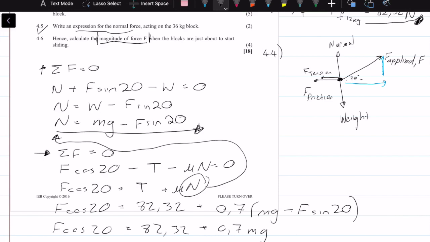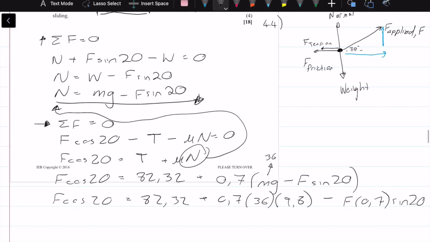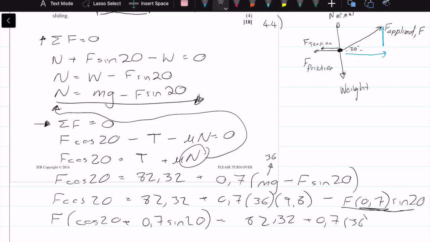We know that we're working with the 36 kilograms, so this mass is 36, so 36 times g, which is 9.8, minus F times 0.7 sine 20. Now I'm taking this part of the equation to the left hand side, so F cos 20 plus 0.7 sine 20 is equal to 82.32 plus 0.7 times 36 times 9.8.